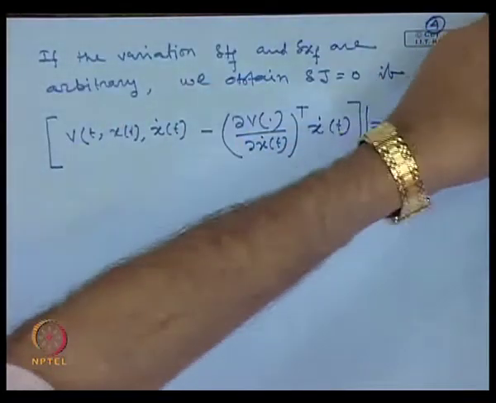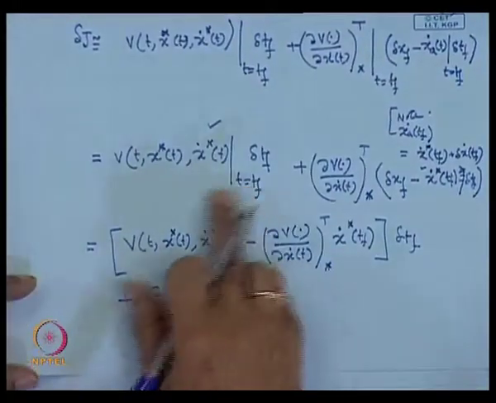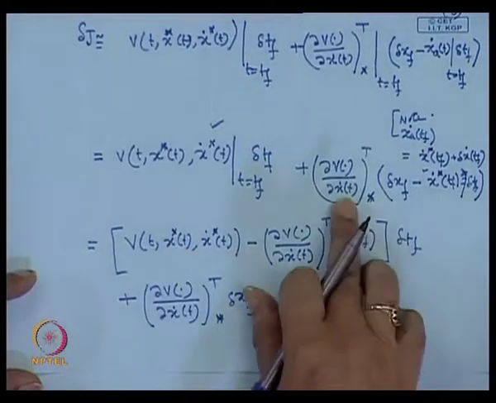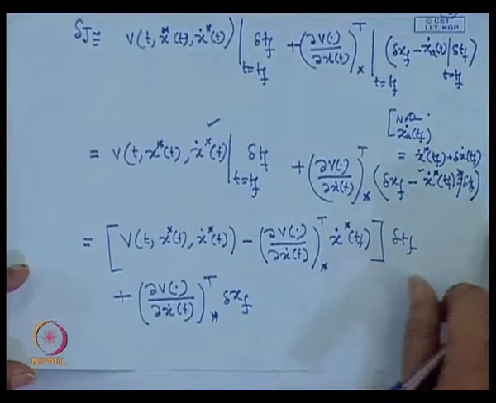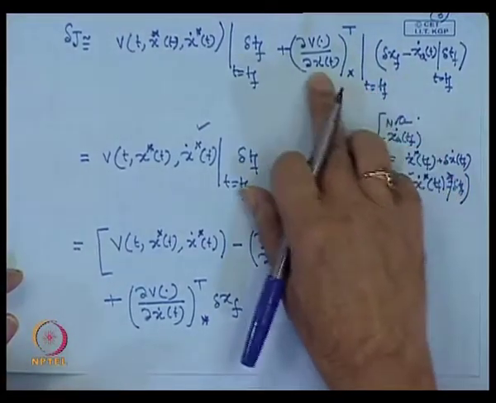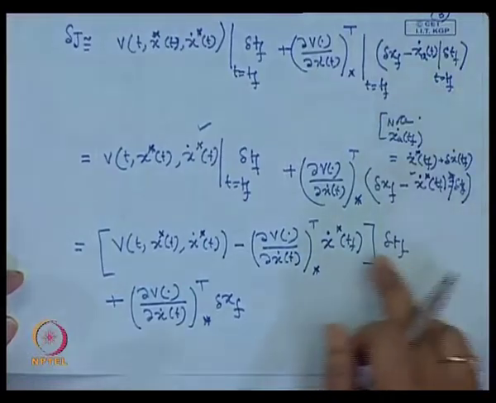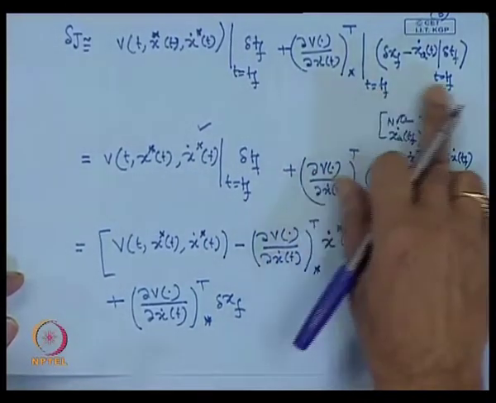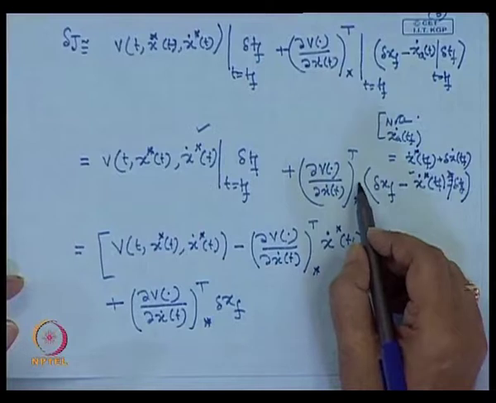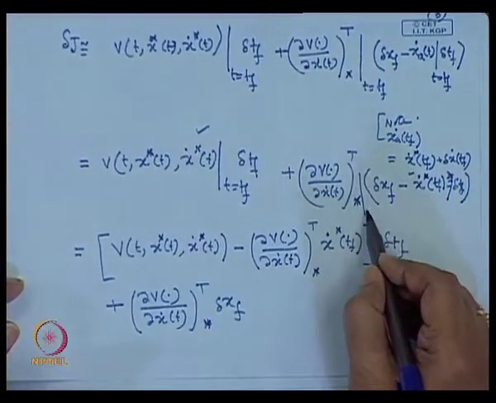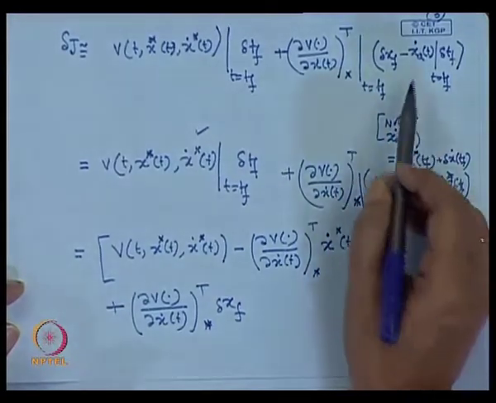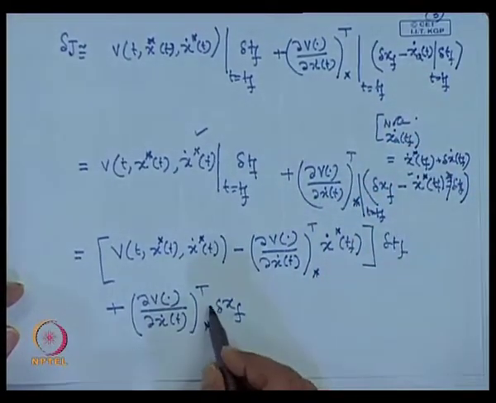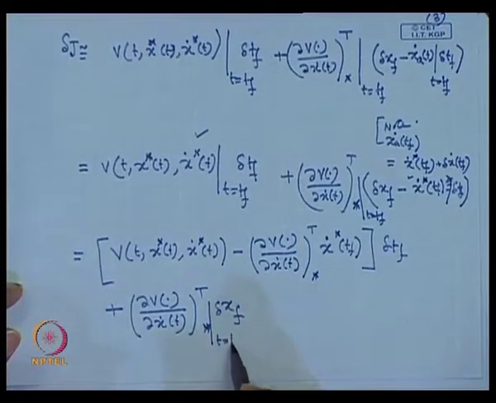So, here I forgot to write, you see this is at t is equal to T f, this is also at t is equal to T f, agree. This whole term is at t is equal to T f, and this is also at t is equal to T f. So, we can write it here at t is equal to T f, this I missed here, and next this will be at t is equal to T f.